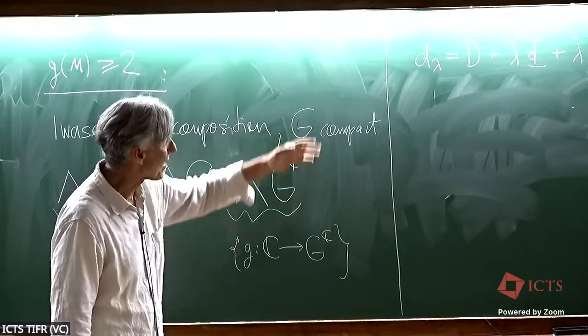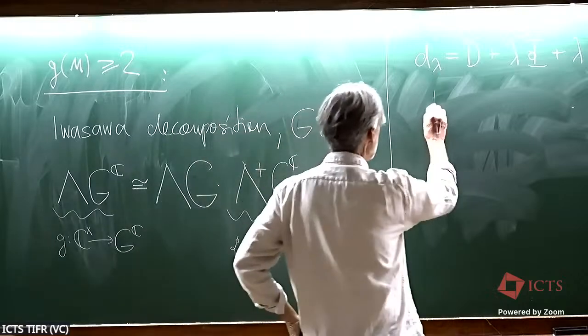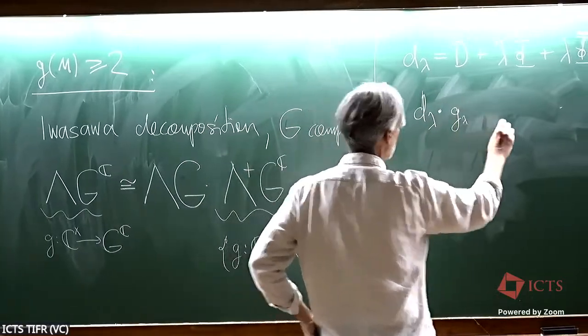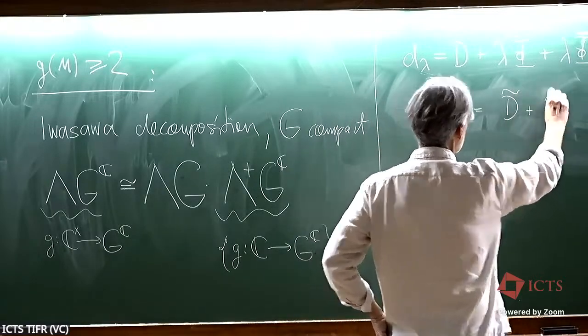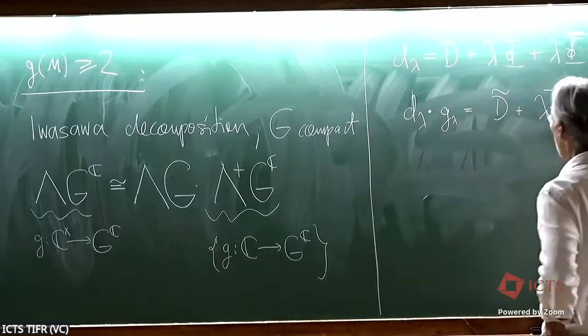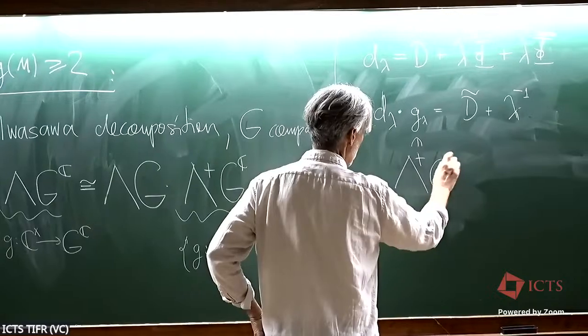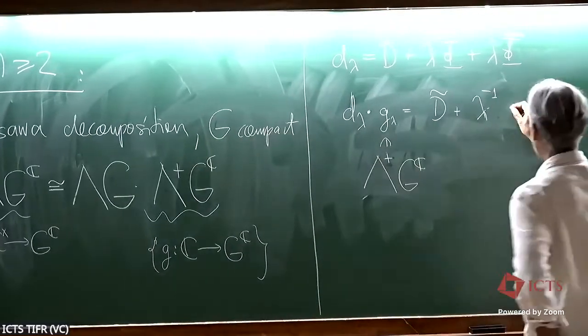So it cannot add any higher powers in the spectral parameter. So if I gauge d lambda by some g lambda, that will be some new connection plus lambda inverse, and g lambda now is in the plus group.